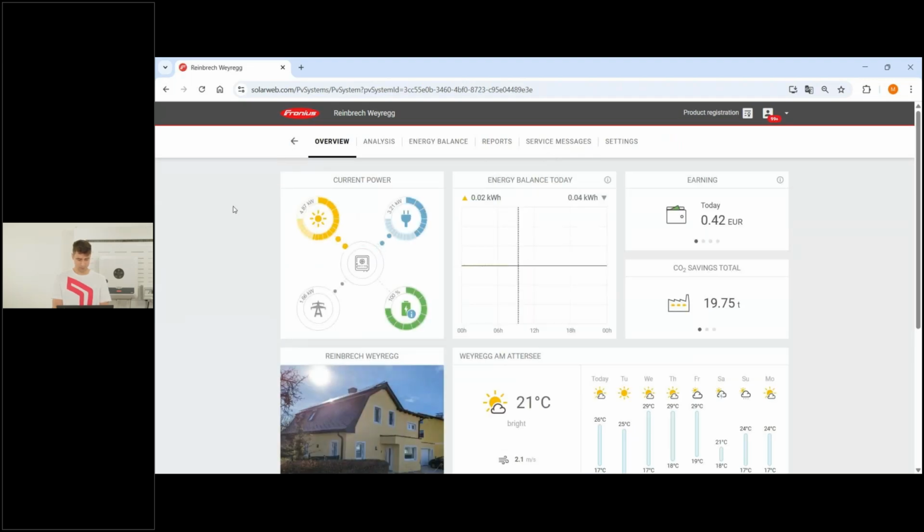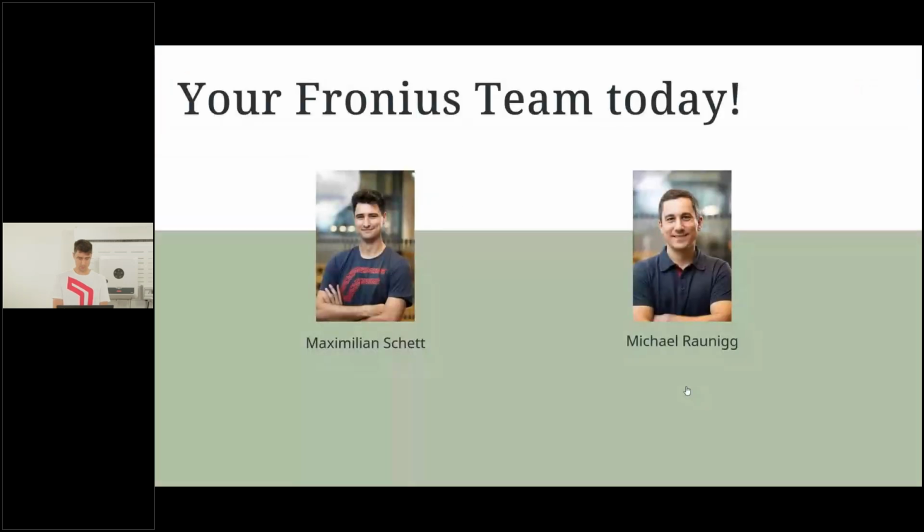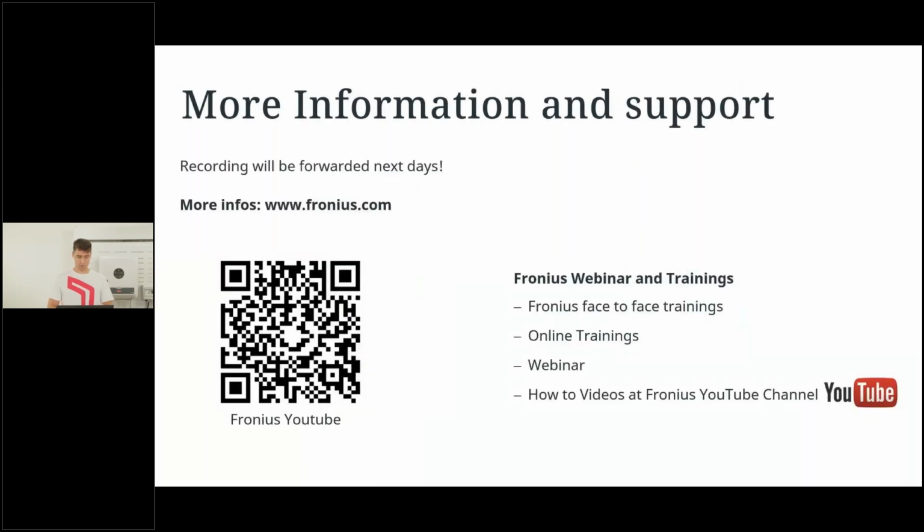All right, we are already getting to the end of this webinar. I will just jump back to my presentation. As I said, in this webinar I wanted to give you advice on what to tell your PV owner, your customer, once you are done with this PV system and you're leaving the customer's site.